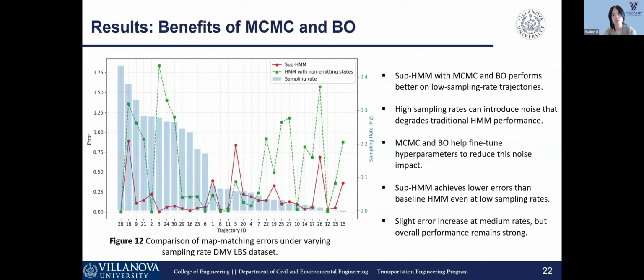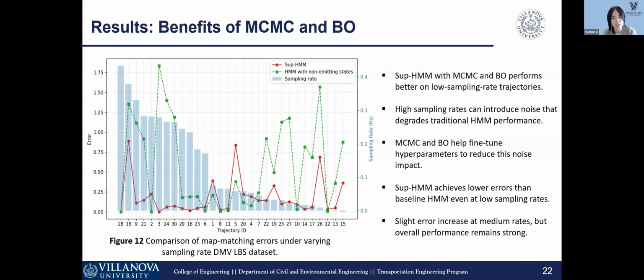This figure compares our Sup-HMM model with a benchmark model across each individual LBS trajectory. The x-axis shows the trajectories sorted by sampling rate from high to low. For each one, we plot the map matching error from both models. What we observe is that the Sup-HMM model performs much better on low sampling rate trajectories, where traditional models usually struggle.